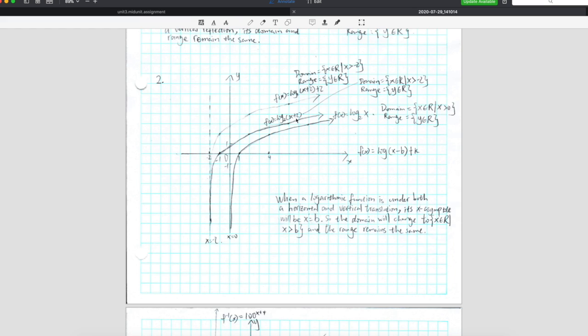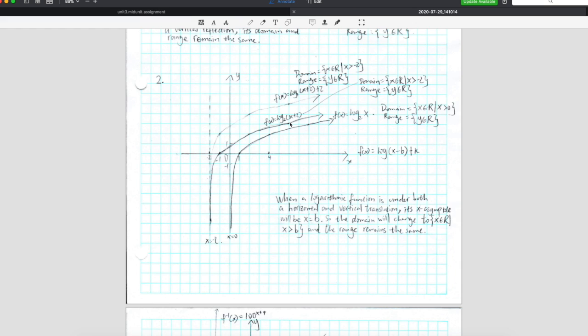In this second step, the domain changed to x greater than minus 2, because before it was greater than 0. And as we move to the left by 2 units, the asymptote will change by 2 units.